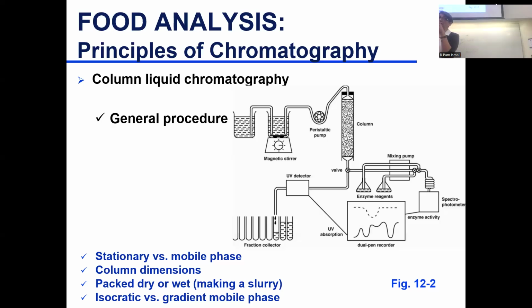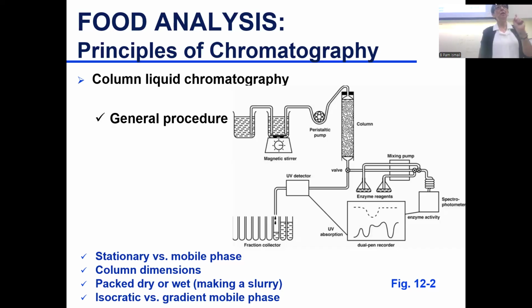So this is gradient elution. When you change the composition by adding another solvent, and sometimes you can have 3 solvents, sometimes you can have 4 solvents, but you start mixing and changing the composition of the mobile phase. This is called gradient mobile phase.